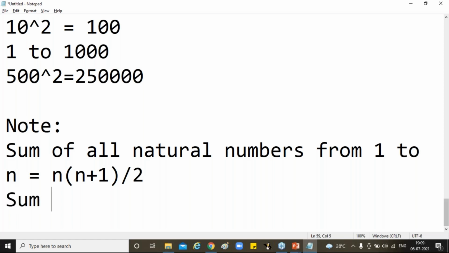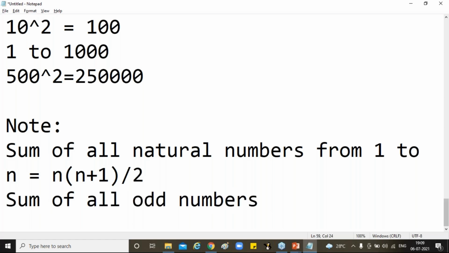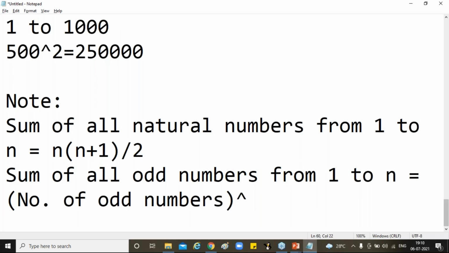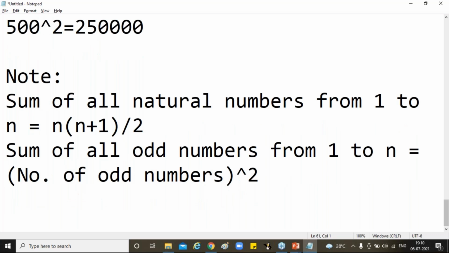Second one, sum of all odd numbers only from 1 to n is equal to number of odd numbers whole square.